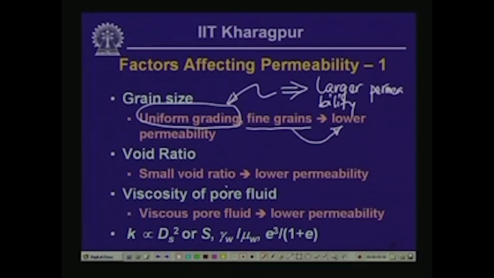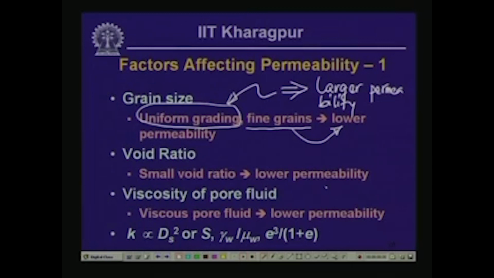Second aspect is void ratio. If you have got a much tighter packing or small void ratio, then you are going to have a lower permeability. If you have got a highly viscous pore fluid, then you are going to have a smaller permeability.